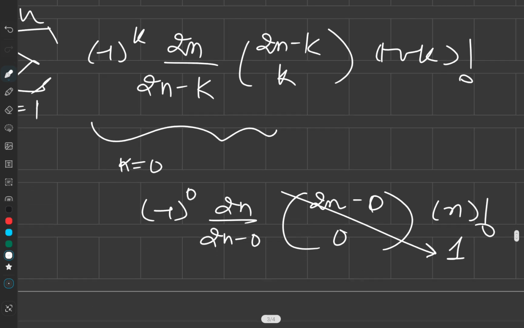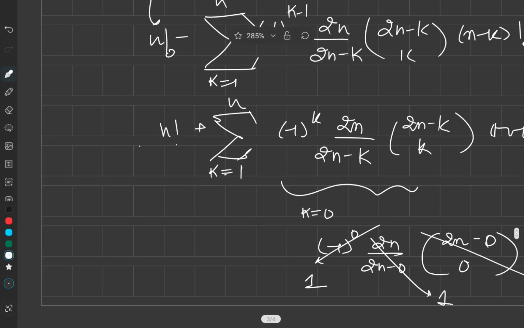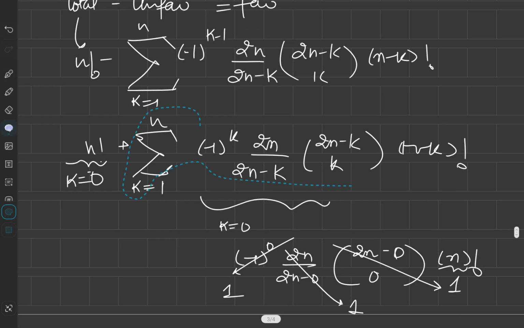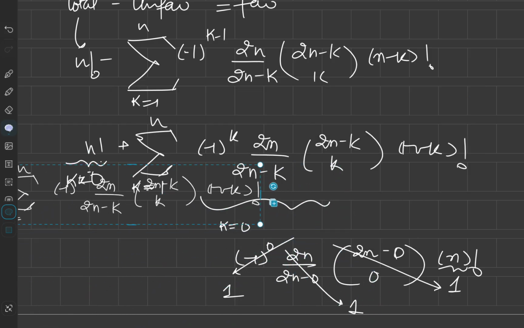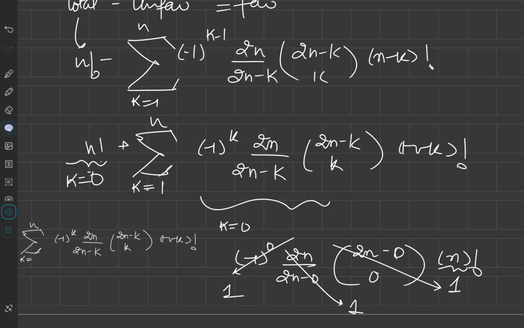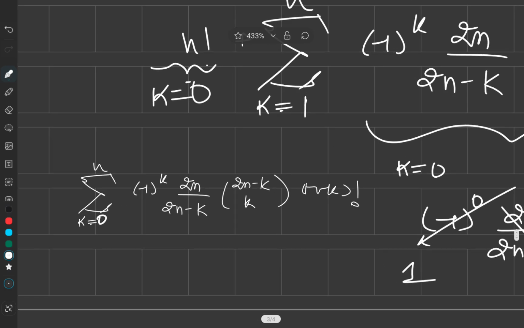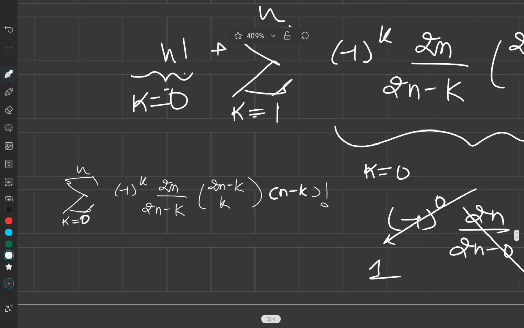This results into 1, this results into 1, and this results into 1, and this remains n factorial. So this is just the summation when k is equal to 0, right? So what we can do is just copy it. I know this does not help, but it gives a pretty good expression you can use, right? This is n minus k, obviously. So this is the final thing.